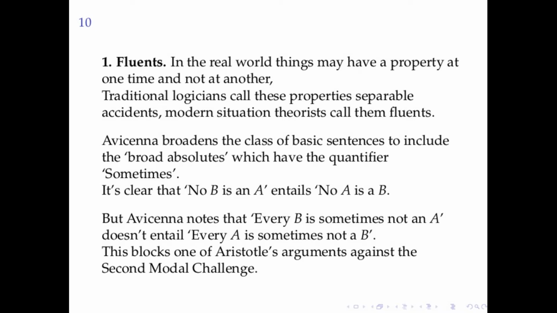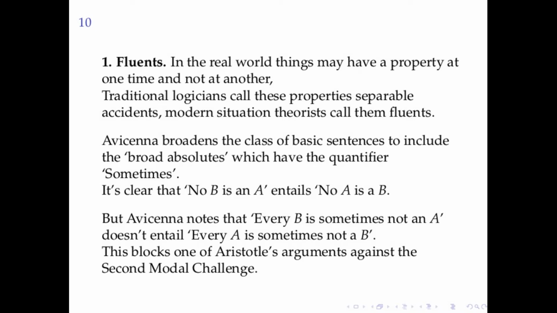What Avicenna reckoned was that we need to introduce quantifiers over time, or as he sometimes said, over situations, into our basic sentence forms. Now, one consequence of doing that is that some of the Aristotelian laws won't work anymore.